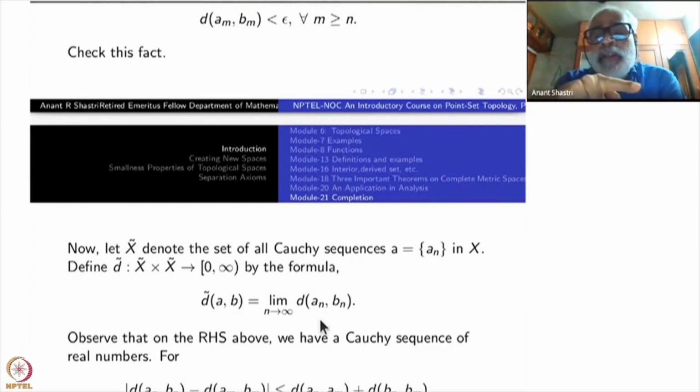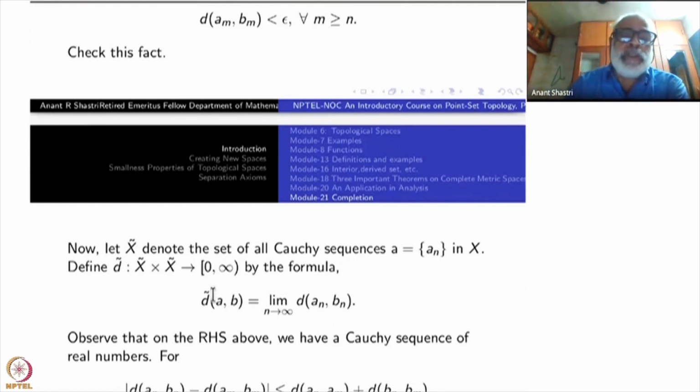So this is motivated by that. If a_n and b_n were converging to the same point, then the limit of this distance would have been 0. So that is our motive. In general, we take this distance to measure the distance between them.